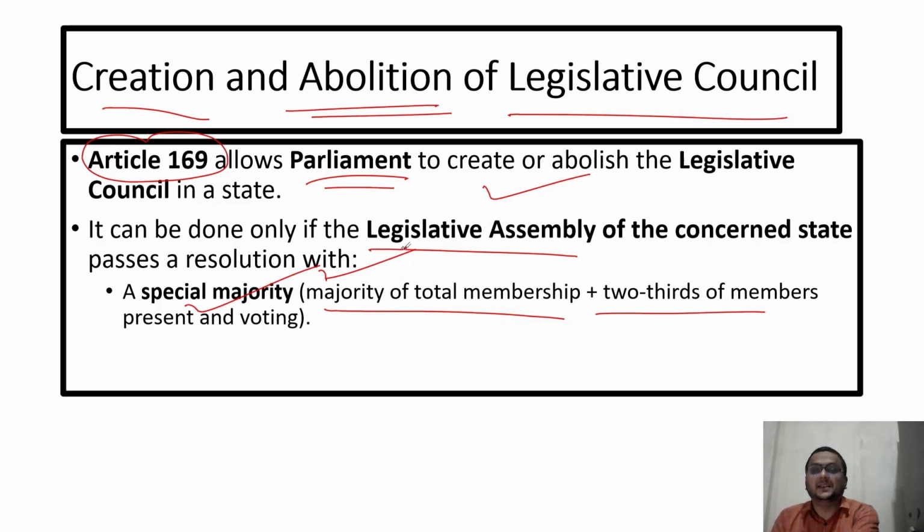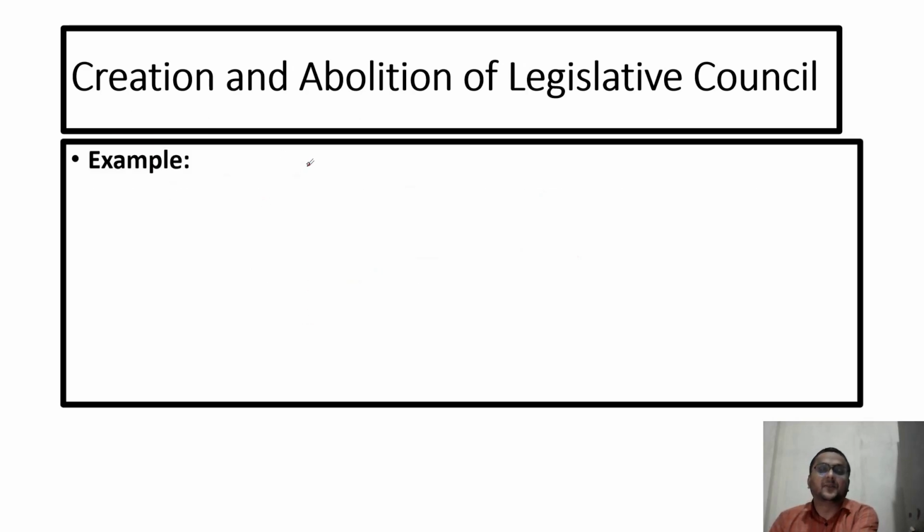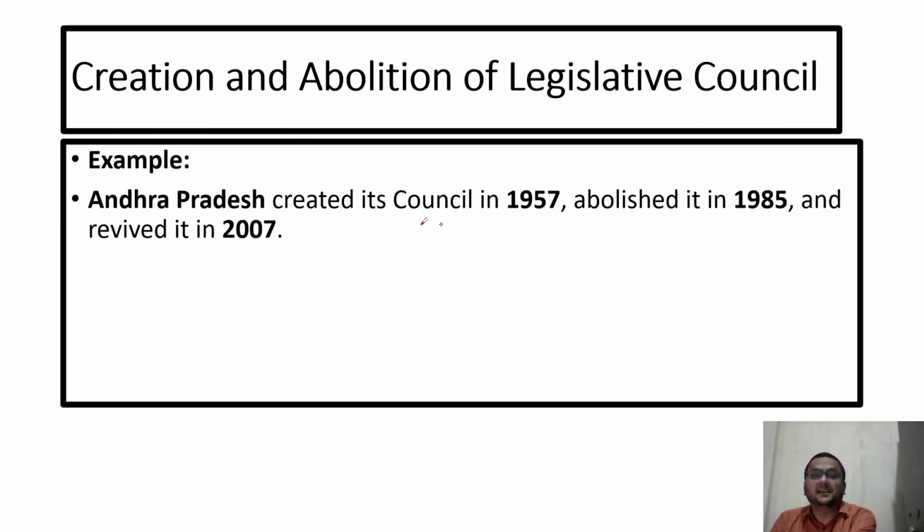If the Legislative Assembly of the concerned state passes it with a special majority to create or abolish the Legislative Council, then Parliament, with a simple majority, does so as per the recommendation of the state Legislative Assembly. For example, Andhra Pradesh created its council in 1957 and then abolished it in 1985.